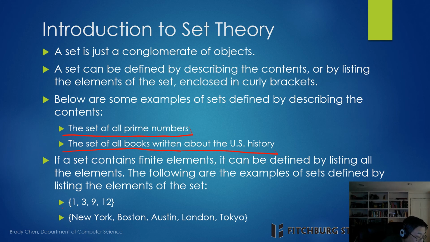The first one is a set of 4 integers, enclosed in curly brackets. This is another set: a set of 5 cities: New York, Boston, Austin, London, Tokyo.